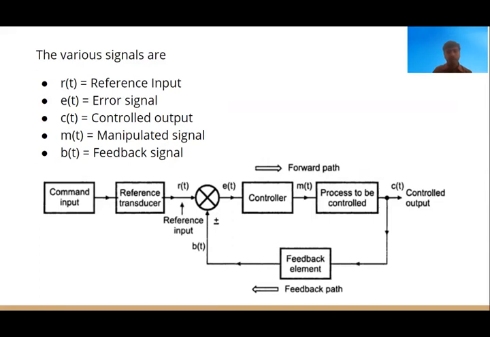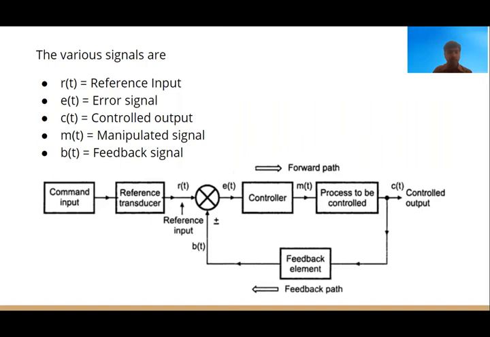There, the process controls the parameters of the plant and delivers the controlled output C of t. And this C of t is again fed back through the feedback element. Say the feedback signal is B of t, and this is given to the error detector to get the error signal.